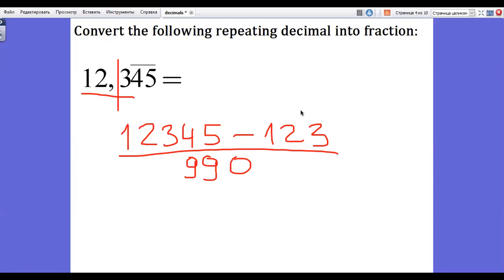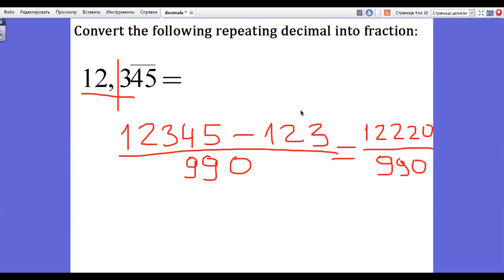After, let's subtract 123 from 12,345, and when you subtract, you are going to have 12,222, and you will divide by 990.